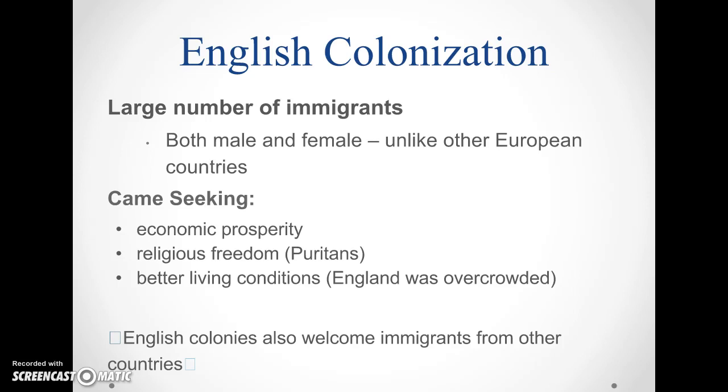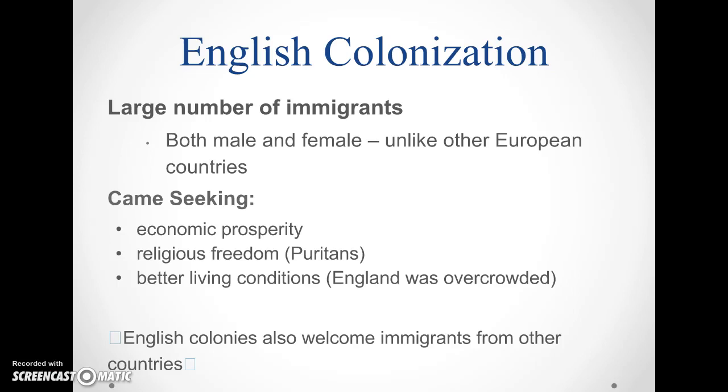Depending upon the region, that would dictate how many people from each gender are coming over. Some regions have more males than others. Some are dominated by more familial systems where they're bringing males and females and children. That's very different from Spain and France and the Dutch, who came over here for different reasons with different aims.